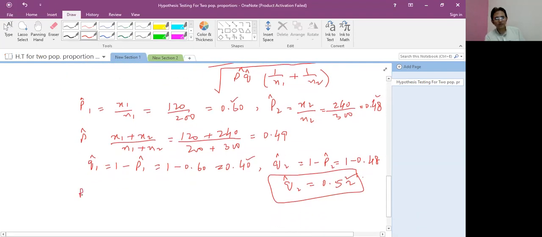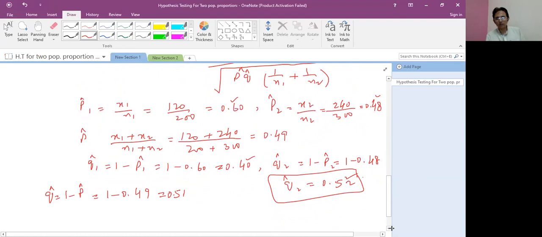What is Q cap? Q cap is 1 minus P cap, 1 minus 0.49. Overall, when we combine the data, it is 0.51.